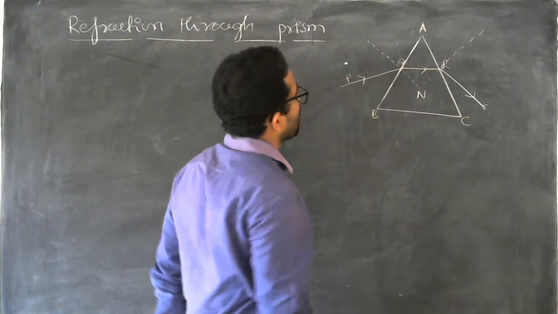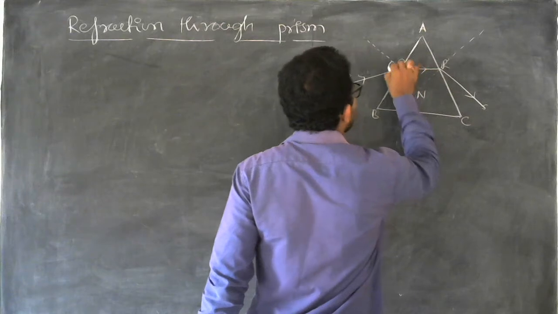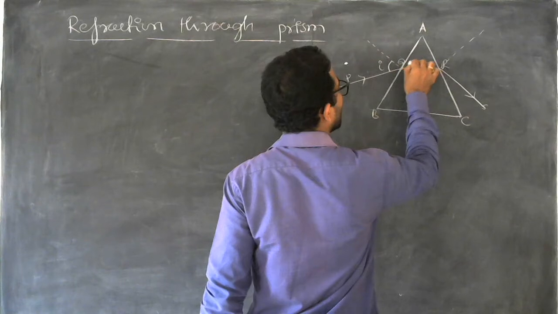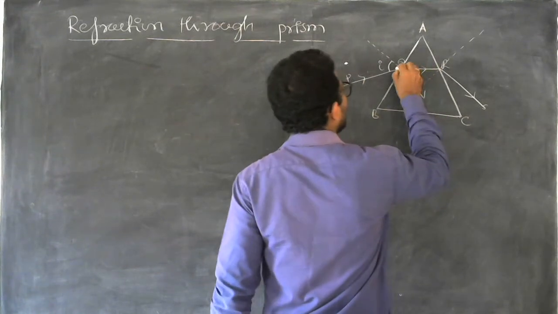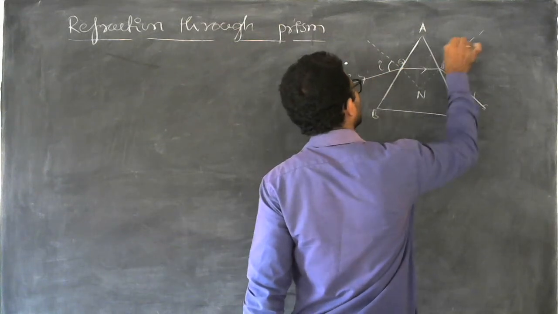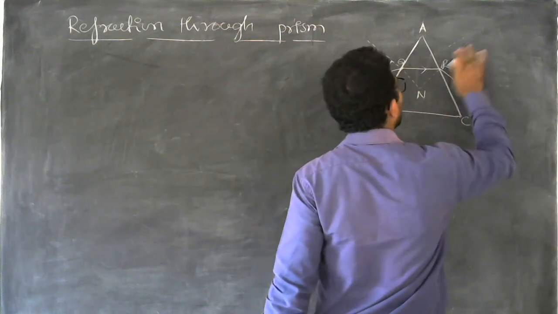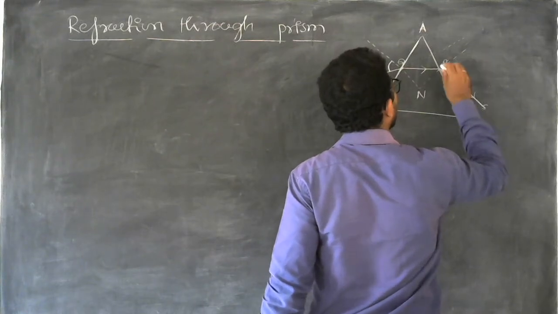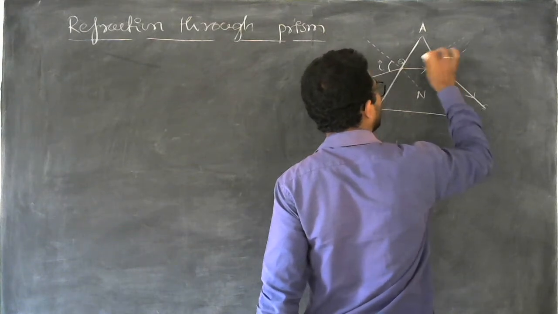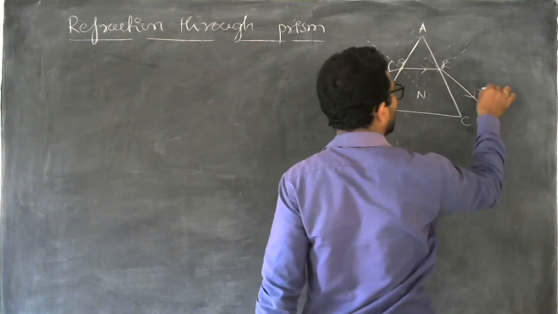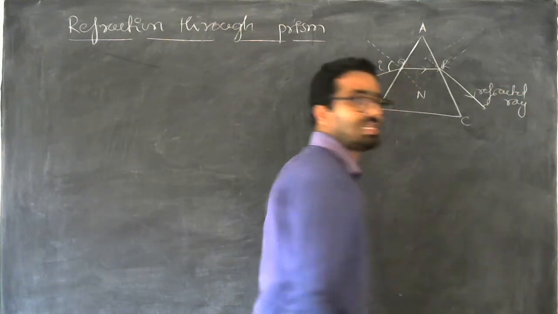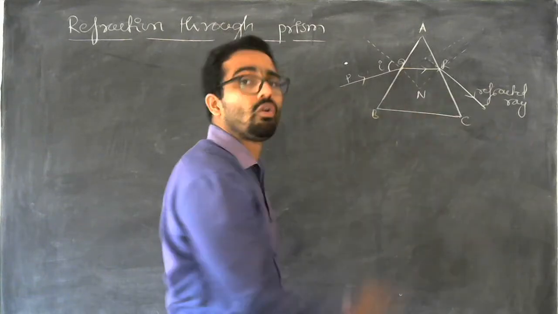So this is the angle of incidence i. If I extend this incident ray, it will follow this path. And if I extend back the refracted ray, see, this is the refracted ray, or you can say the emergent ray, which is going out from this prism.